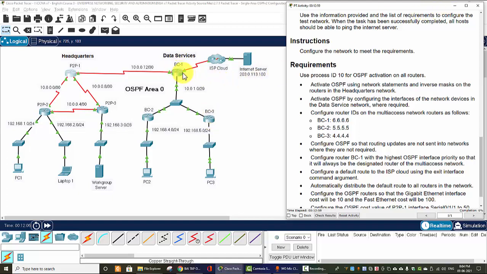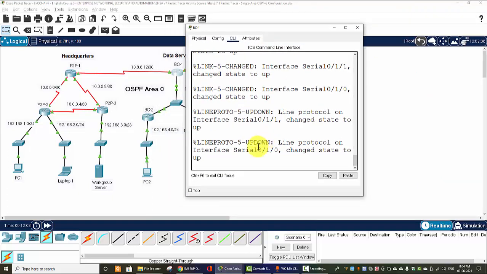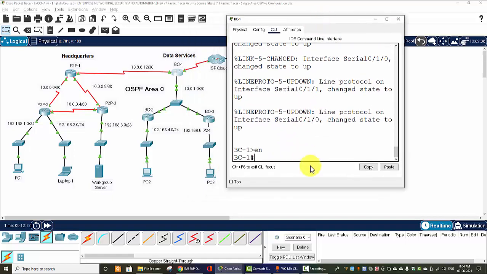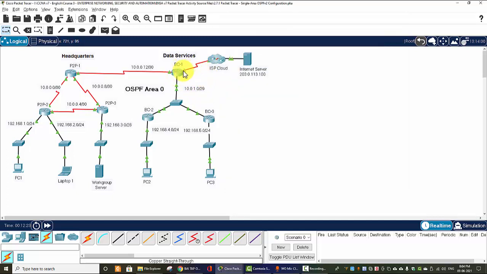BC1 connects to this network and to this network, and BC1 has the internet connection to the ISP, but we shouldn't configure OSPF running on this interface, the serial 0/1/1, because it's the interface to the internet.